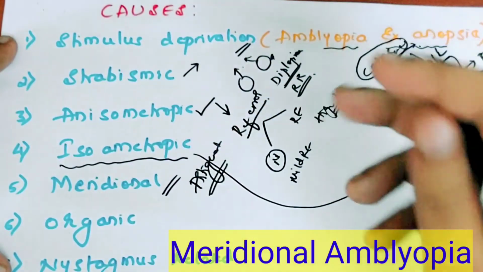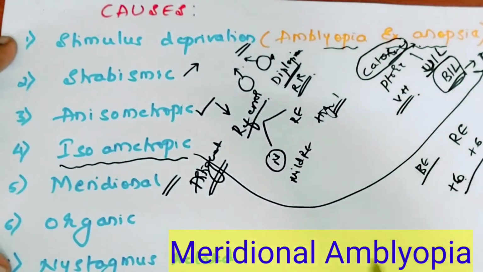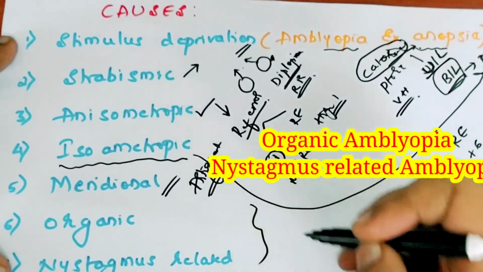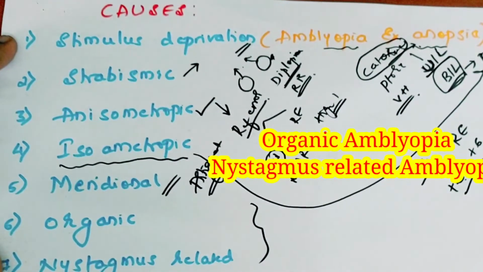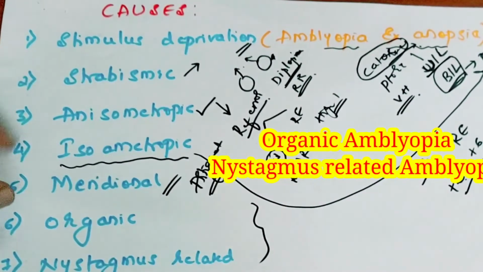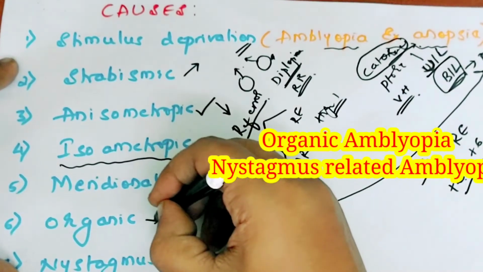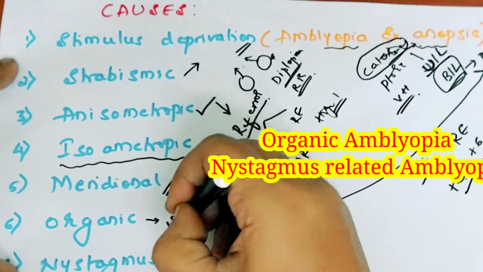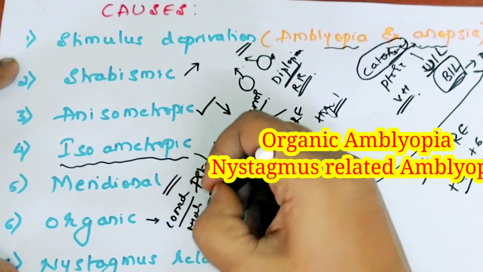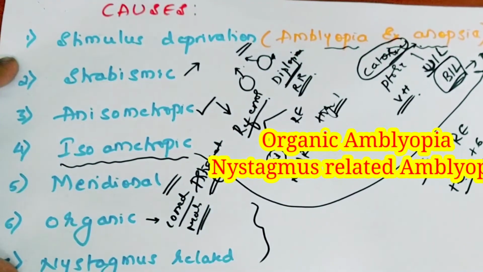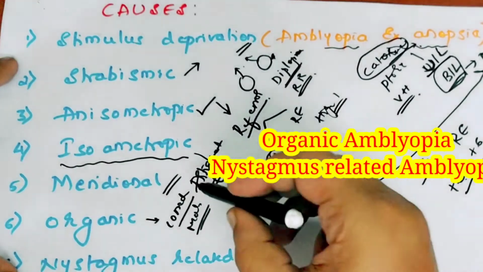So patient is having amblyopia in one meridian. Okay. These two, that is organic amblyopia or the nystagmus related amblyopia, though doesn't fit directly into the definition of amblyopia. The organic amblyopia causes we have like where there is deficiency of cone or the malrotation of the cone. Though when you do the ophthalmoscopic examination, you will not be able to appreciate these changes.